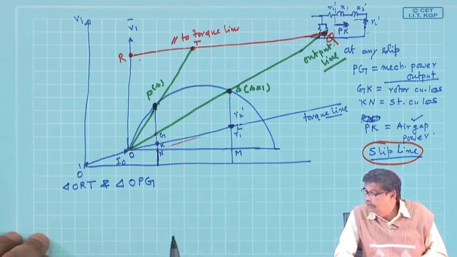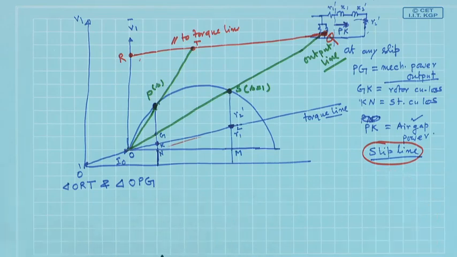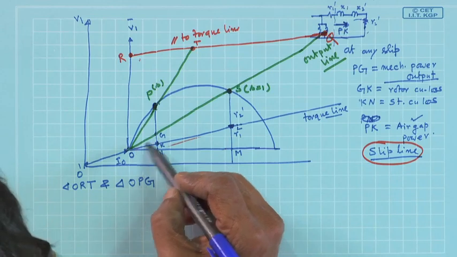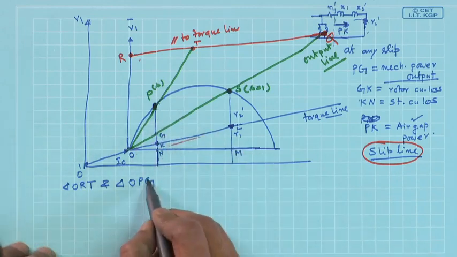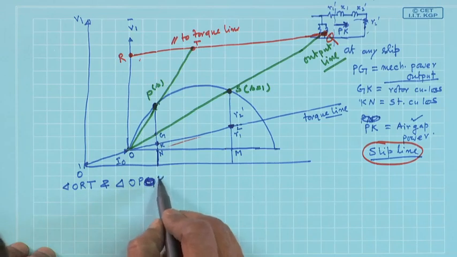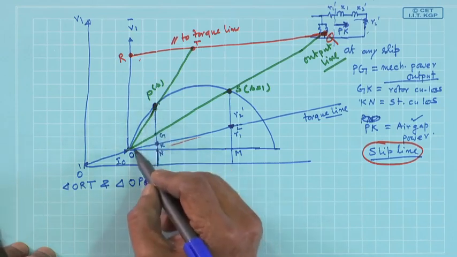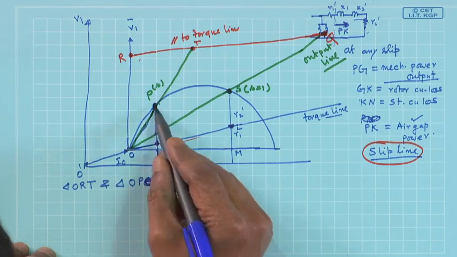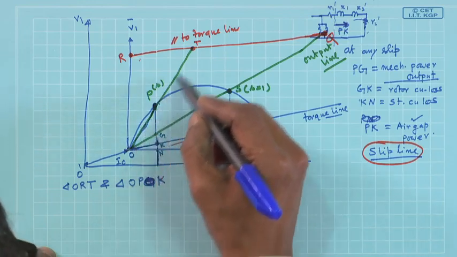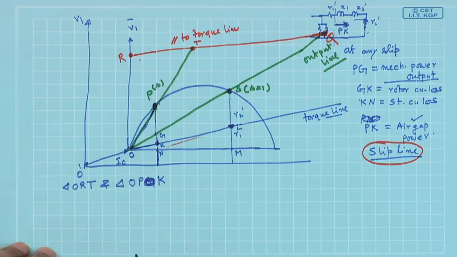Triangle ORT and triangle OPG you consider. These 2 triangles, OPG or OPK, sorry OPK, this triangle and this triangle, these 2 are similar.